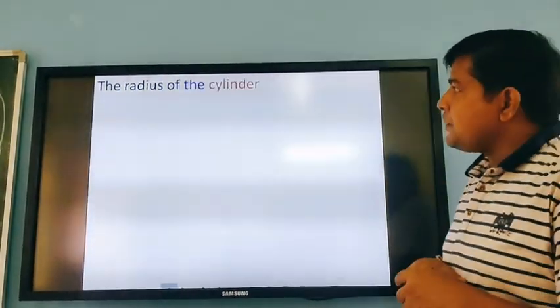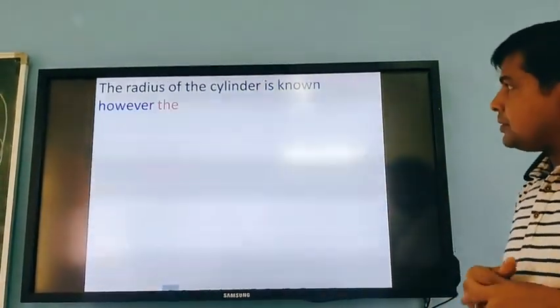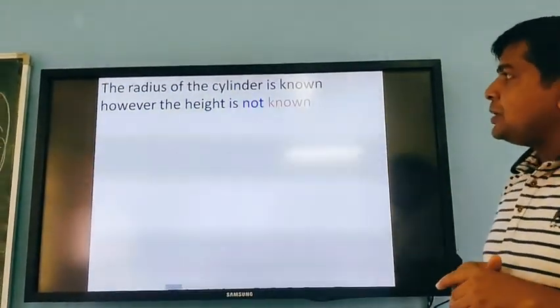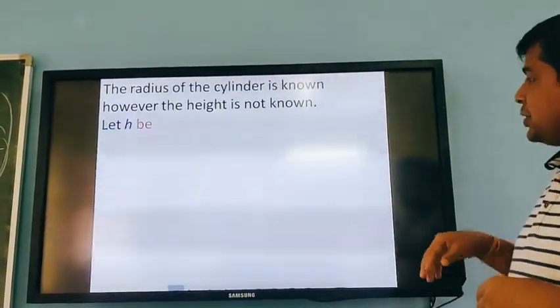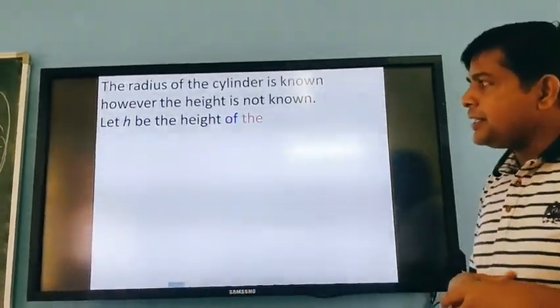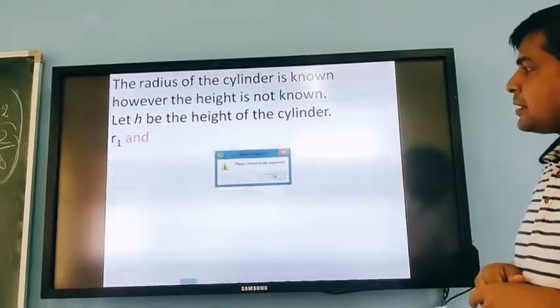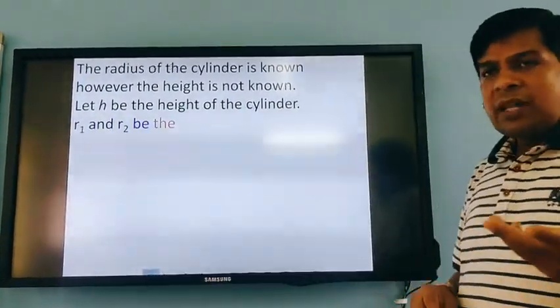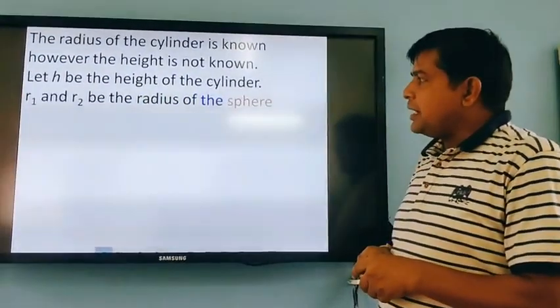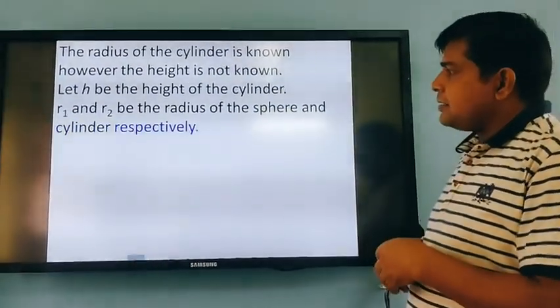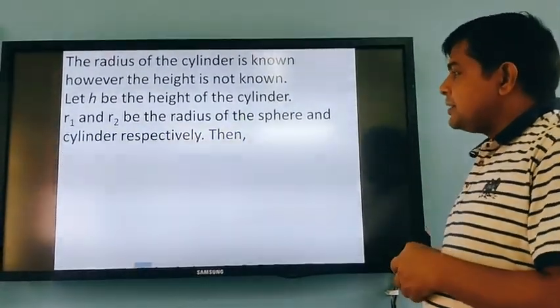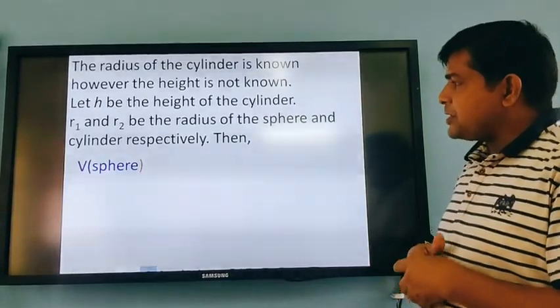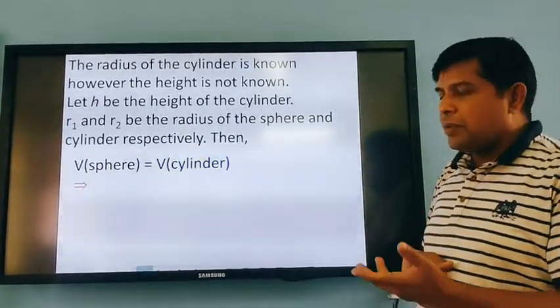The radius of the cylinder is known, but we don't know the height. So let h be the height of the cylinder, and r1, r2 be the radius of the sphere and cylinder respectively. Then, as per our basic concept, volume of sphere equals volume of cylinder.